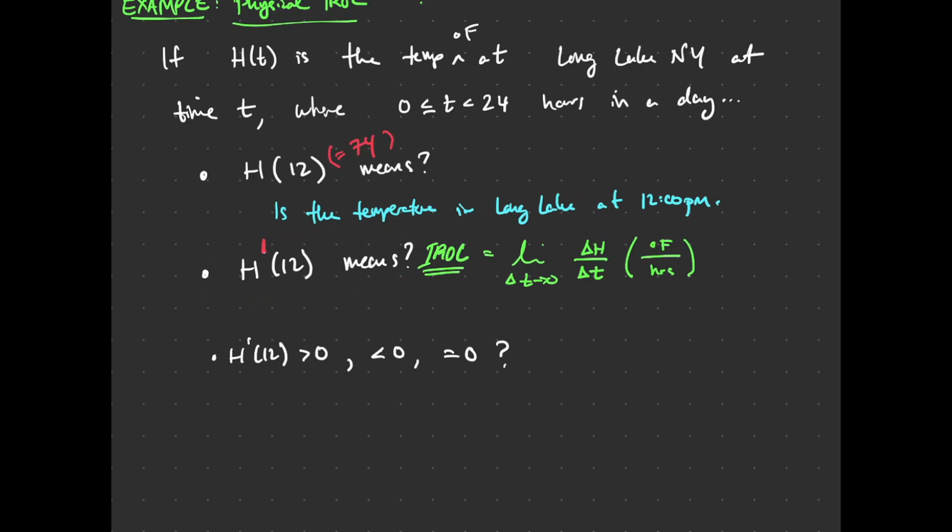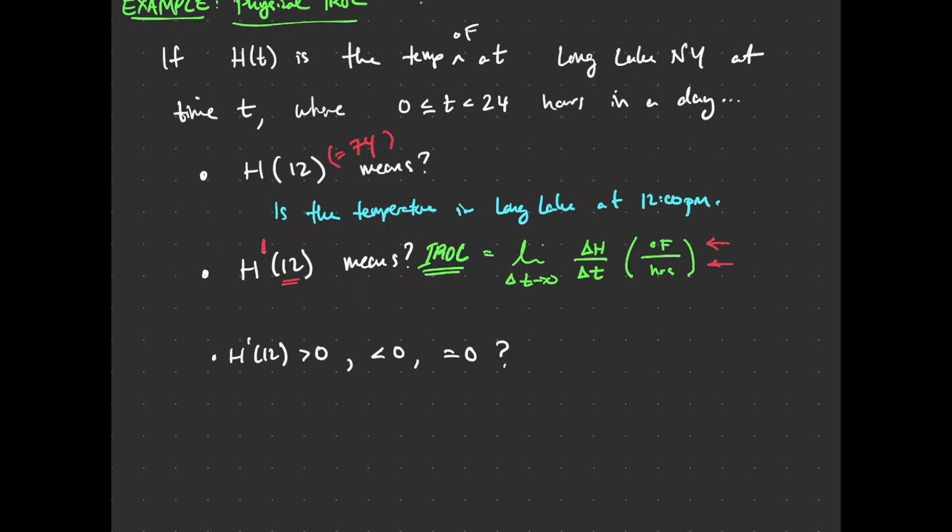This here will tell you a lot about the problem just looking at the units. Degrees per hour, right? So this is telling you the rate of change in degrees per hour, but we have to note the particular moment in time because this is changing throughout the day, right? It's changing at a different rate in the morning, at noon, and at night.